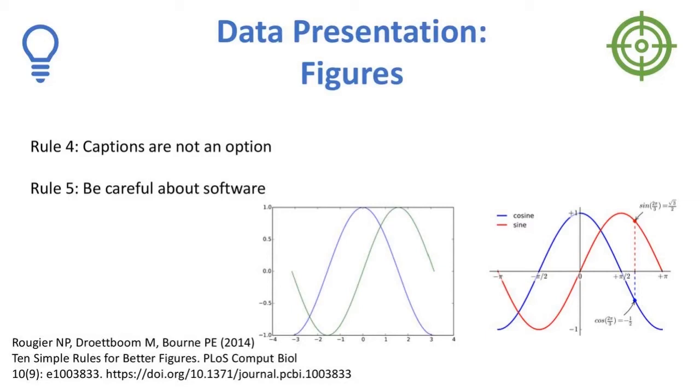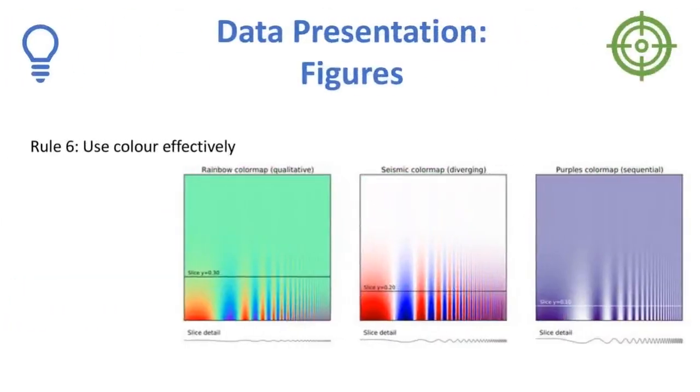So be careful about the software packages that you use, and don't forget to also think about your use of color. Which of these figures is easier for you to understand the message? I'm not going to answer that because other people, colleagues, may have different interpretations of the same data, but you are going to be thinking about how you can use color effectively in your figures.